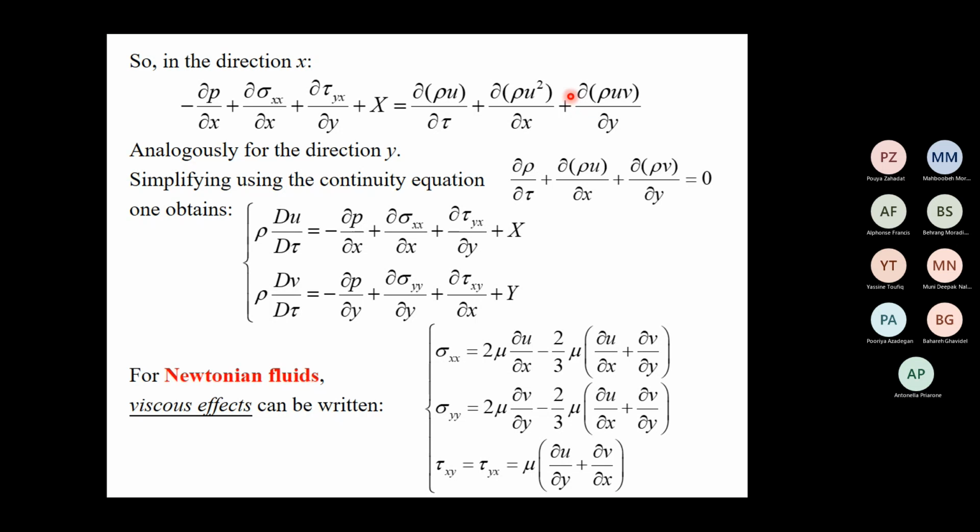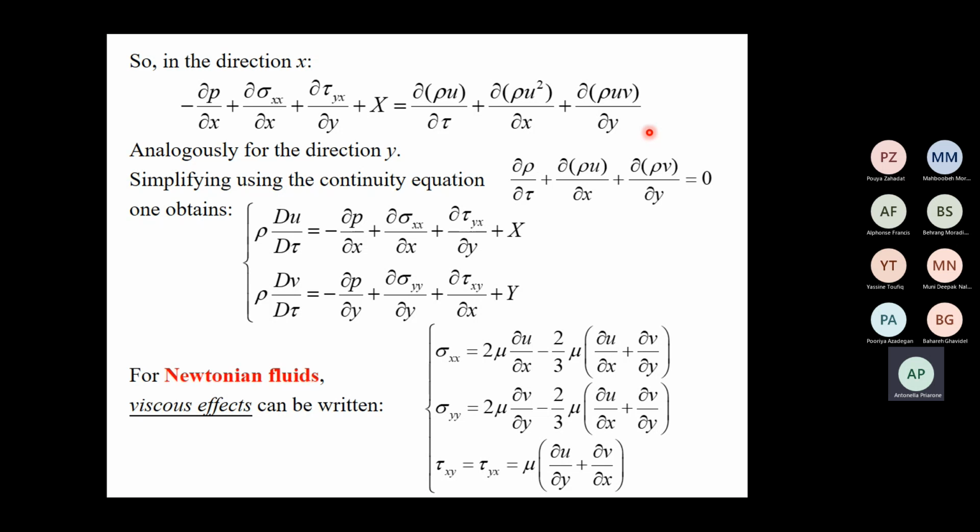Now, as for the previous case, I can do the calculation. I can do the derivative. Here, for example, I can split this derivative into rho by the derivative of u plus u by the derivative of rho, and so on for the other two derivatives.